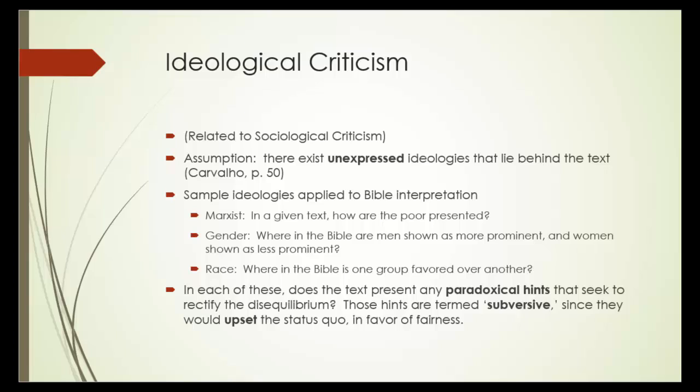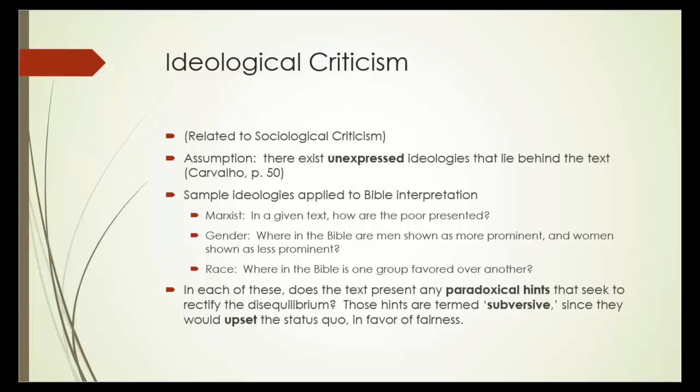So, what are some kinds of ideologies that ideological critics are watching for? Class struggles, the poor rising up against the rich in order to get a fairer share of what is due them.